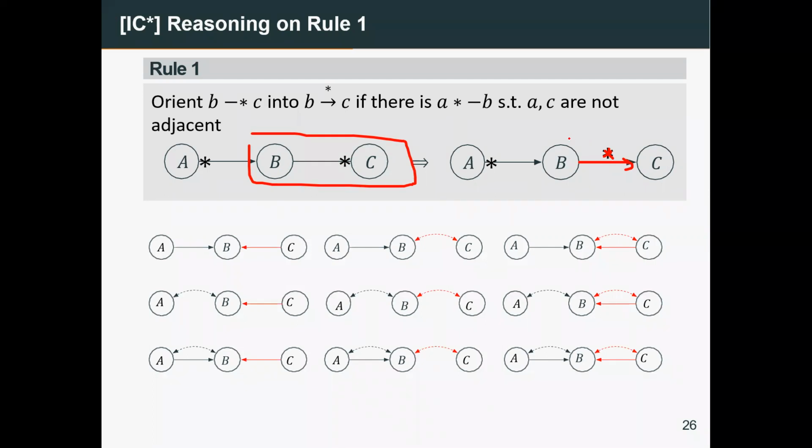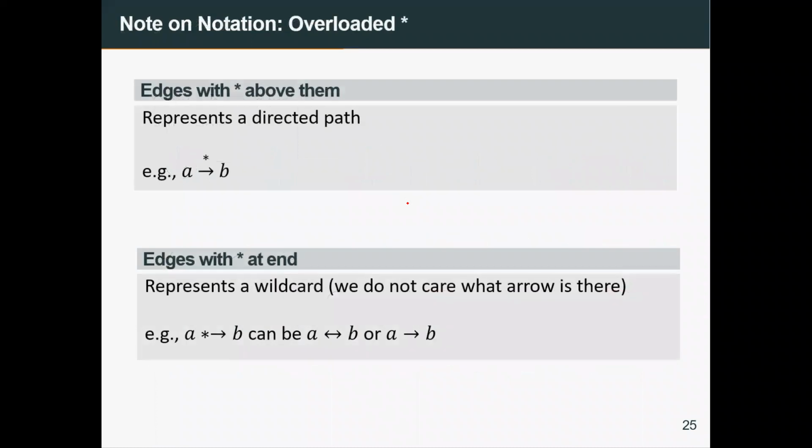Andrew, I have a question. I didn't get what the difference is between an arrow that starts with a star and an arrow that ends with a star. Oh, so if you have a star and then an arrow like this, it means that we just don't care on the left-hand side whether there's an arrow or not.